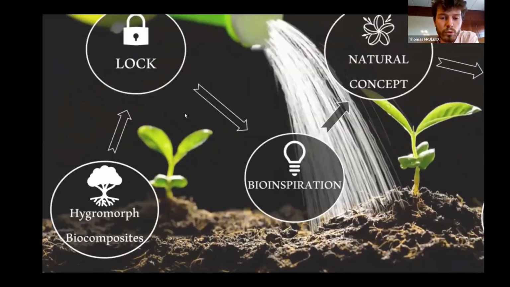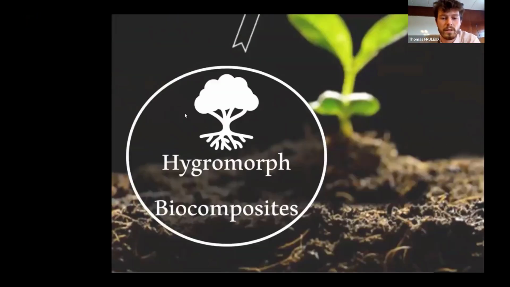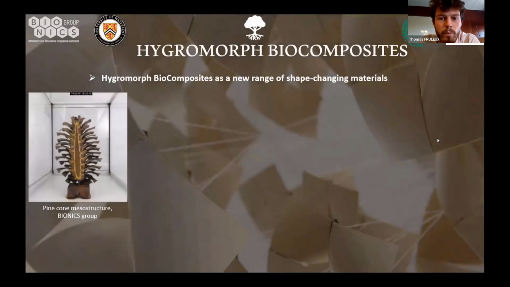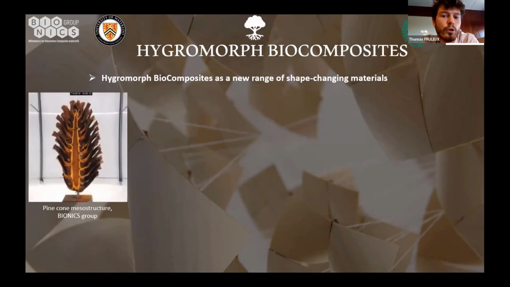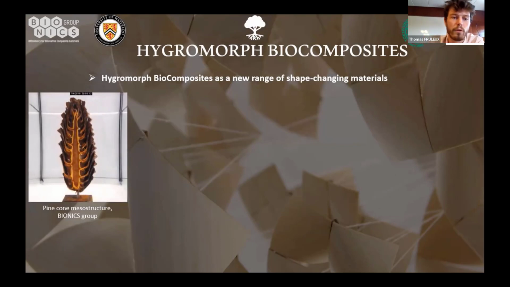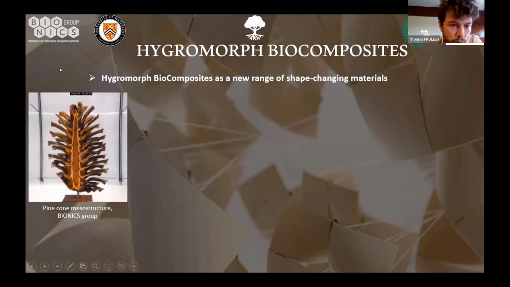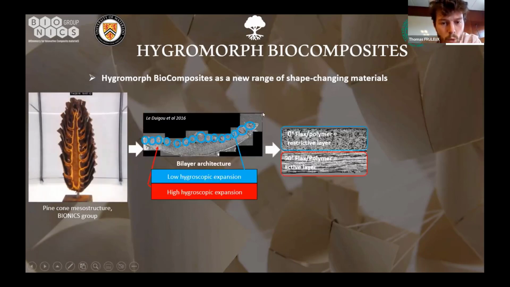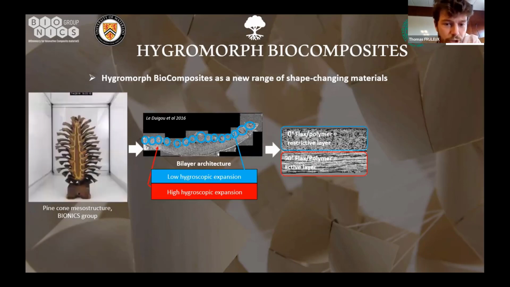So let's first talk quickly about what is a hygromorph biocomposite. I will be quick on this point because Antoine explained it to you before. So a hygromorph biocomposite is a new range of shape-changing materials, which is based on the motion of the pinecone scale. If we look closer at a pinecone scale, we can see that this is made of two different layers, which will not expand the same way when the water goes through the tissue.